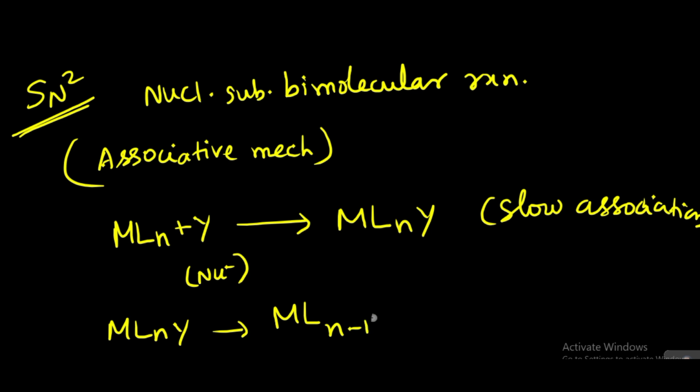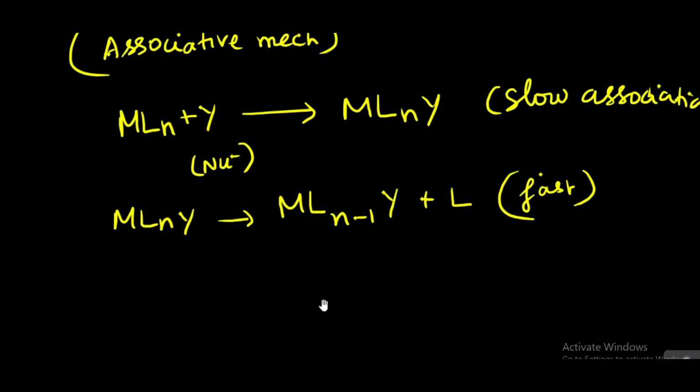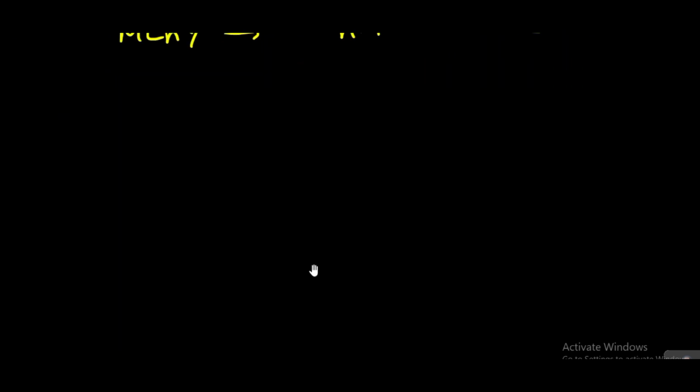Therefore, one ligand must be replaced, and it should give the product in this way. It is the fast reaction. The second step is the fast step. The first step is slow association. The second step is fast formation.